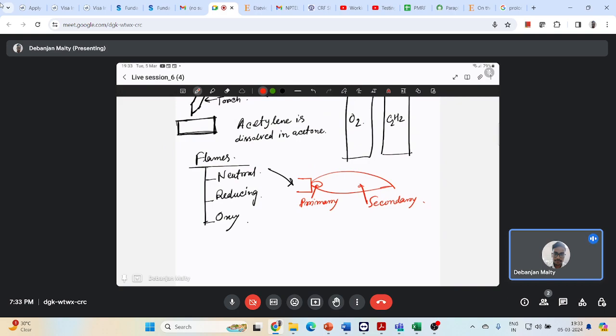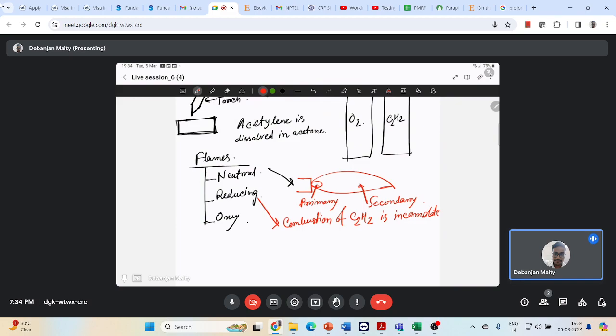Now, what is there in reducing flame? In reducing flame, you have an excess amount of acetylene, right? So the resulting flame is called reducing flame. The combustion of acetylene is incomplete over here, right?